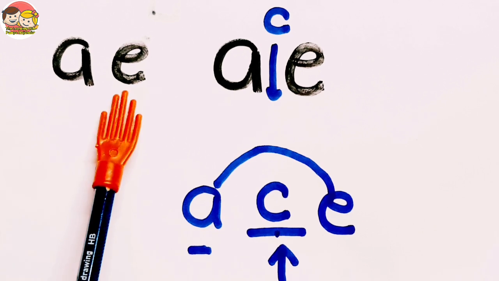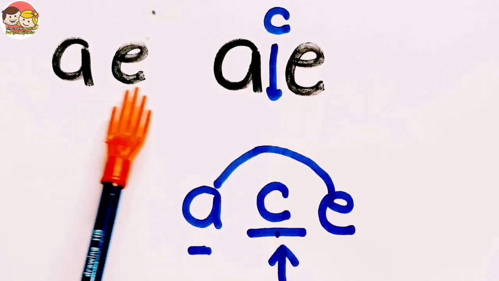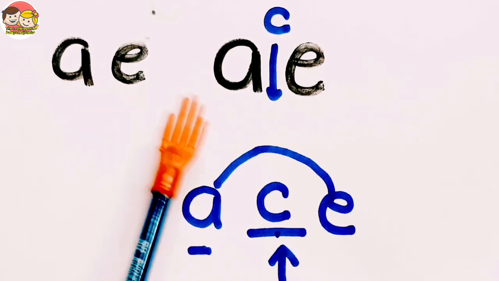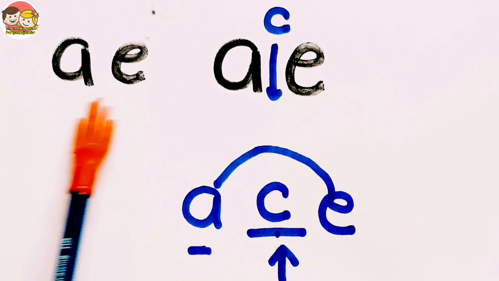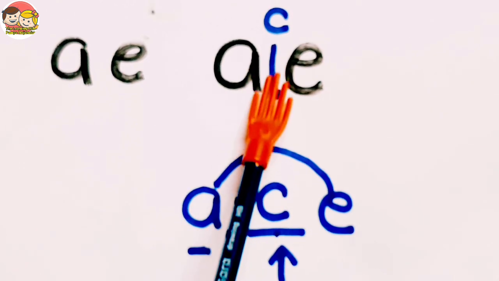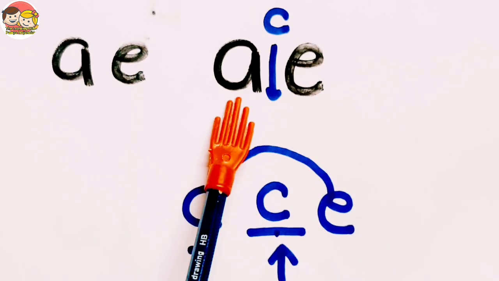Like A, E. In a split digraph, we can't write these two vowels this way because they do not sit next to each other in the word.